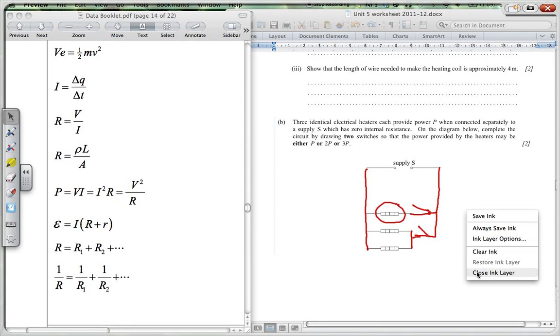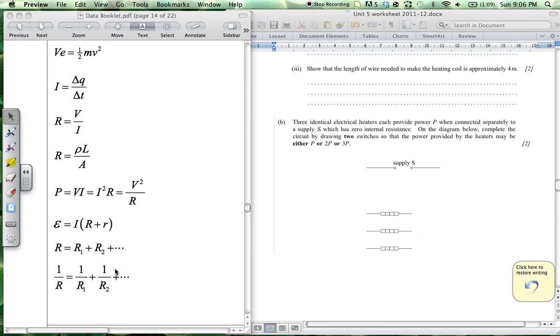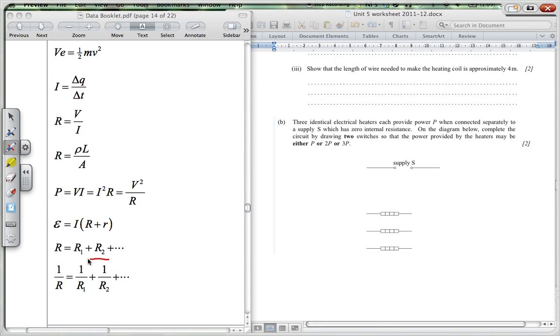So the important thing there is to understand, from using this formula over here, that you have got your resistors in parallel. When you have more and more resistors in parallel, you lower your resistance, and therefore you increase the power, because your current increases. This is important to realize here.